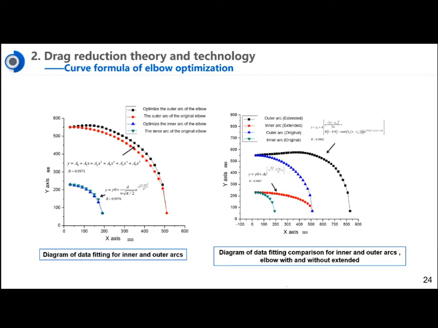On our left and on our right, there are short equations to predict the outer arc and the inner arc for the airballs. Through the equations, we can optimize the airballs to reduce the resistance remarkably.